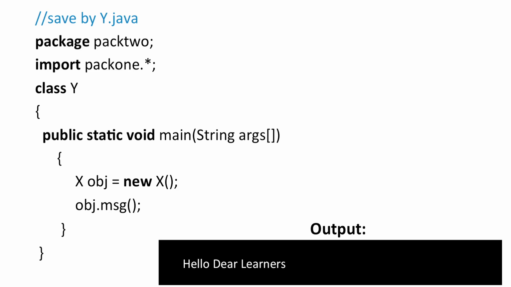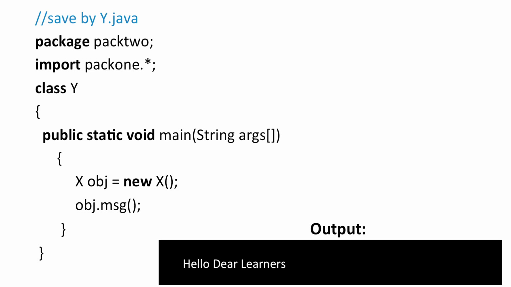This facility is being provided by the import pack1 dot star, because import pack1 dot star enables us to use the member classes of package 1, that is X. Now obj, because it is the object of X class, we are calling the message method of the X class.